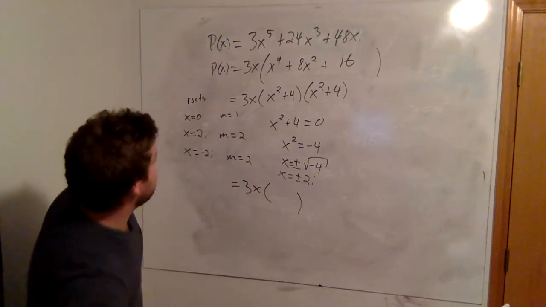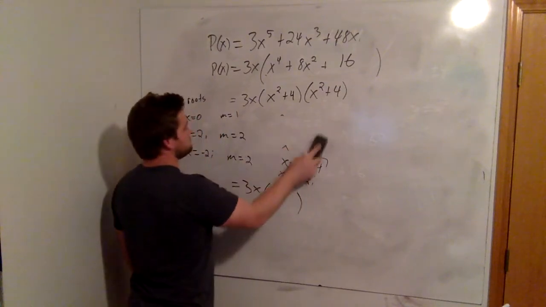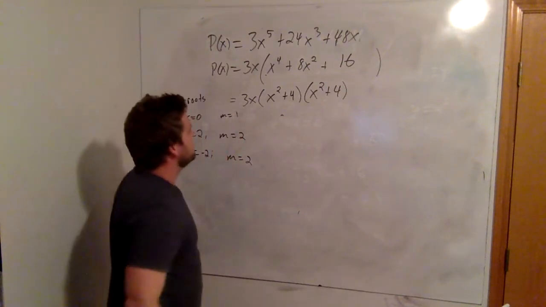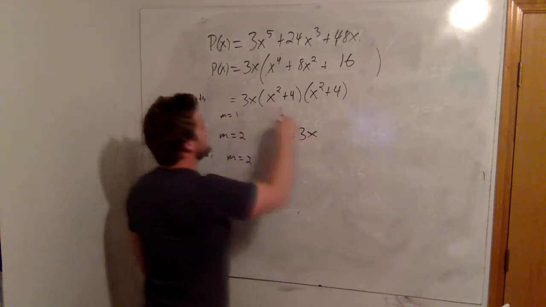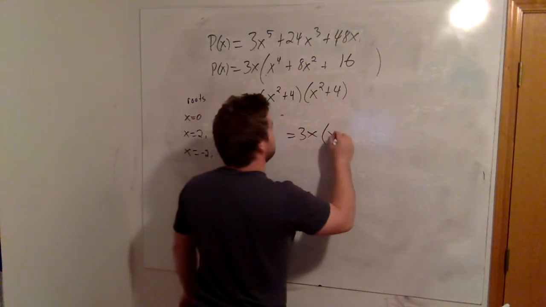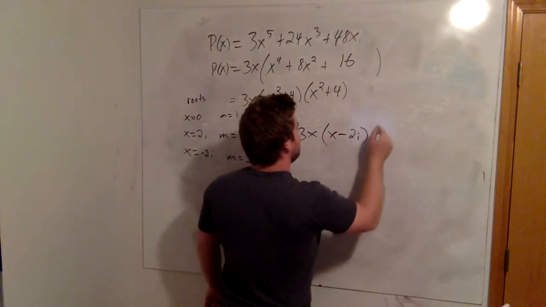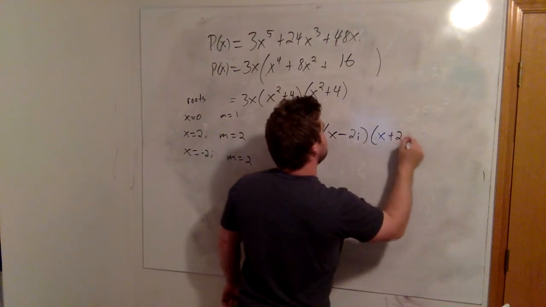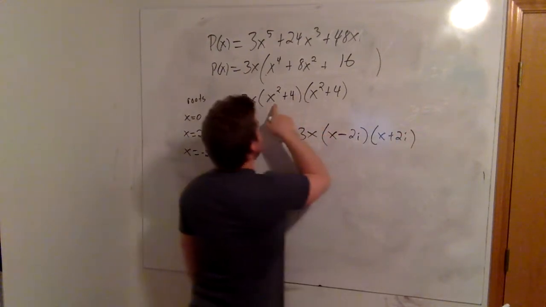Okay, so let's write this in its factored form. I'm going to erase what I have here. This will factor to 3 times an x. This will have an x minus 2i, and I'm going to get an x plus 2i. But I'm going to get 2 copies of these. So that's me factoring this piece.